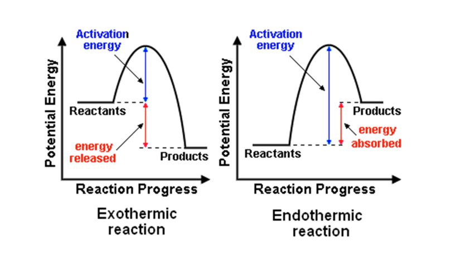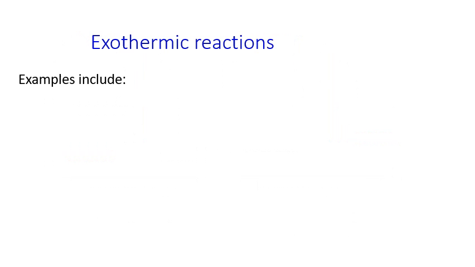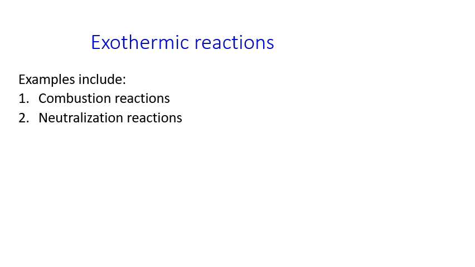For exothermic reactions, the energy released means that the delta H naught is negative, whereas for endothermic reactions, the energy absorbed from the surroundings means that delta H naught is positive. The enthalpy is positive. Examples of exothermic reactions include combustion reactions, where energy is released, and neutralization reactions with acids and bases, again energy is released.